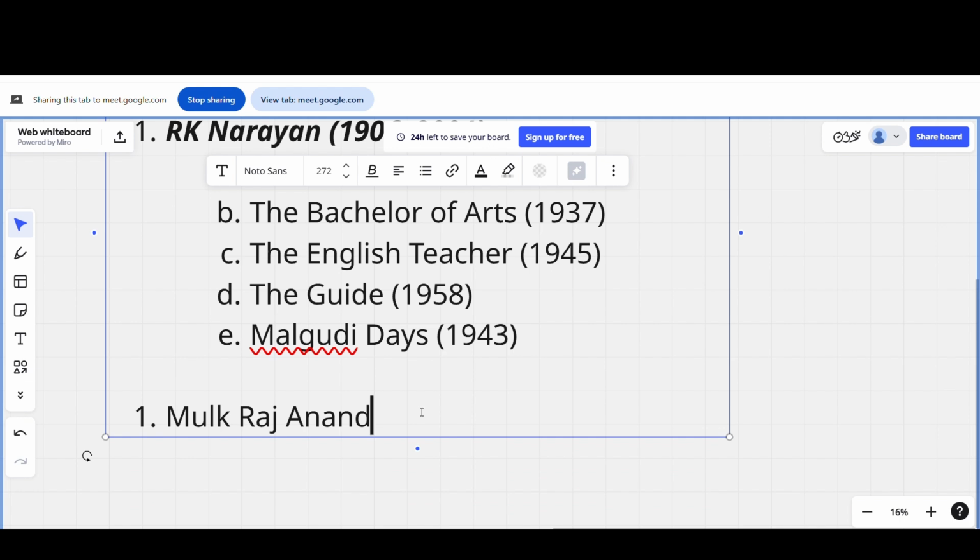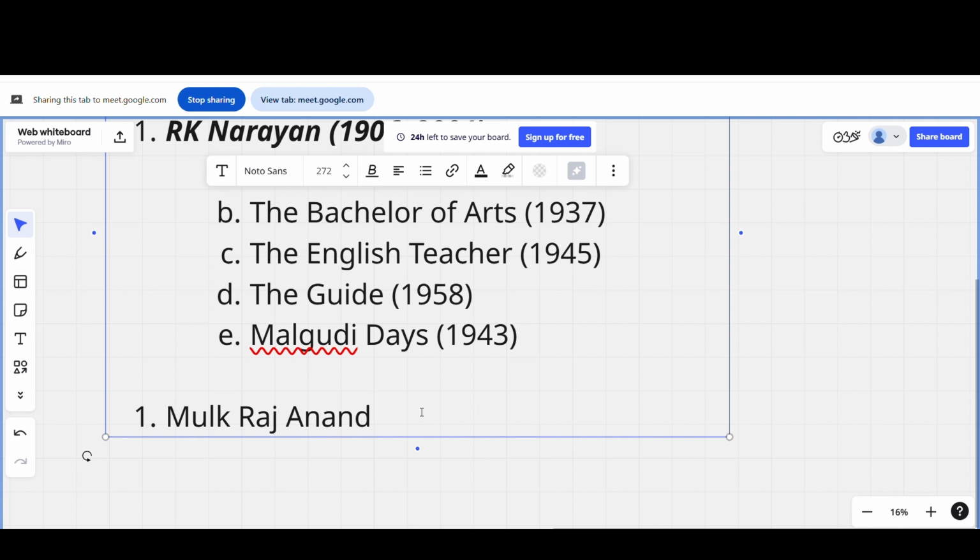Mulk Raj Anand is a very famous Indian English writer. You have to add that English, because there's a separate category in Indian writing. When we say Indian writing, it can be two forms: local language and English language. When it is written in English, it's called IWE, Indian writing in English.